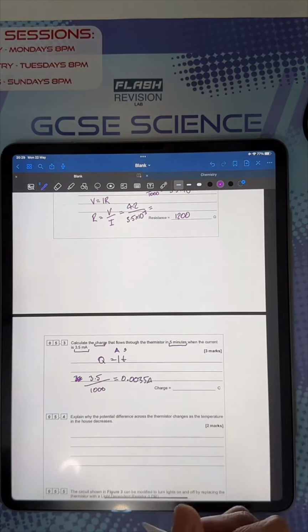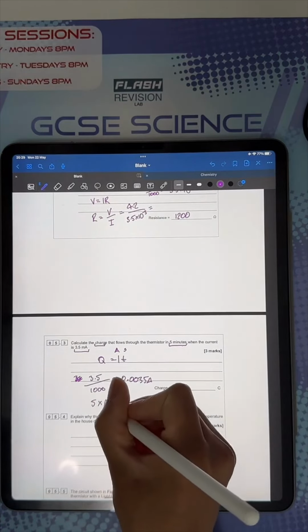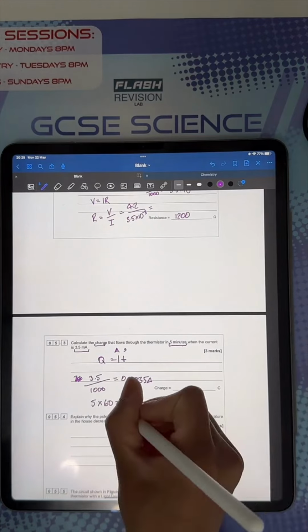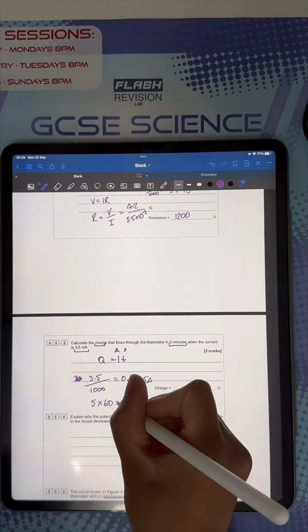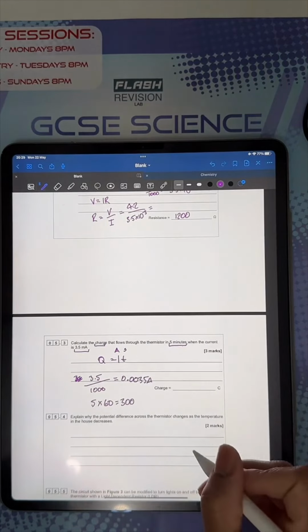Then for time, we've got 5 minutes. How do we convert 5 minutes into seconds? Yeah, 5 times 60 seconds in a minute. That gives 300, right?